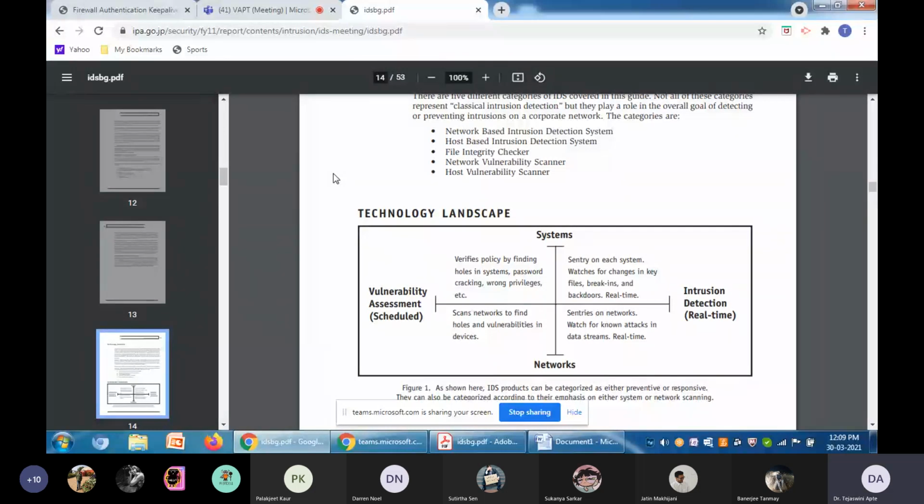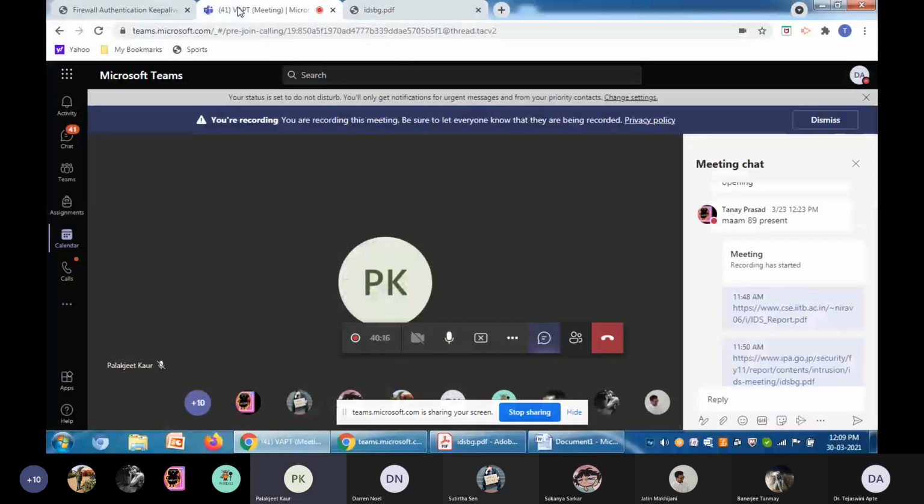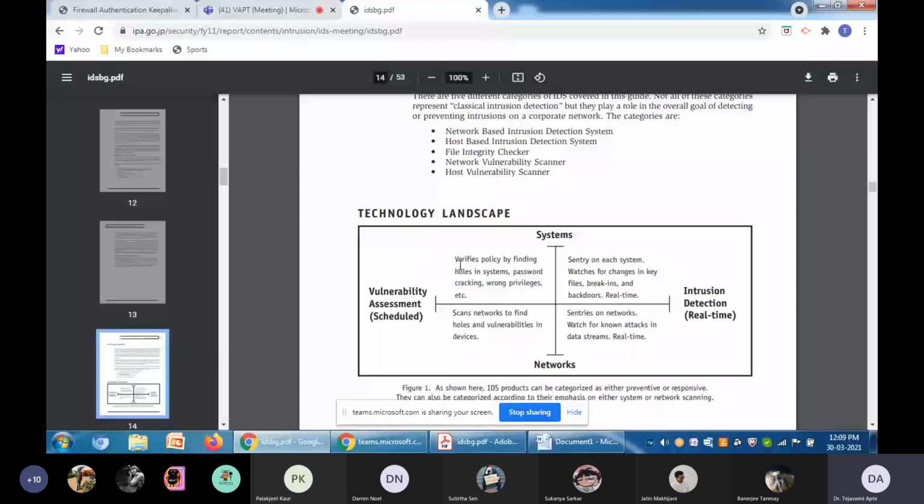Are you getting it, Palakjit? So I need to see the first line always: verify the policy. That is why, as a vulnerability assessor, you need to find the policy document. After that, Palakjit, can you tell me?